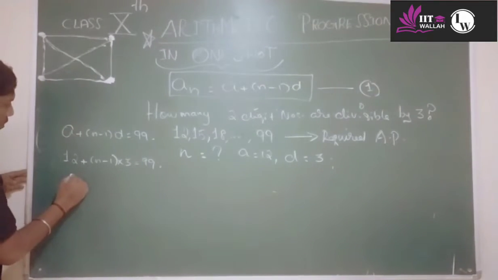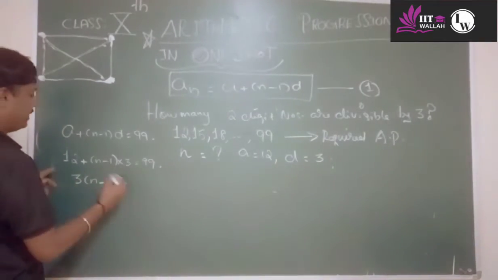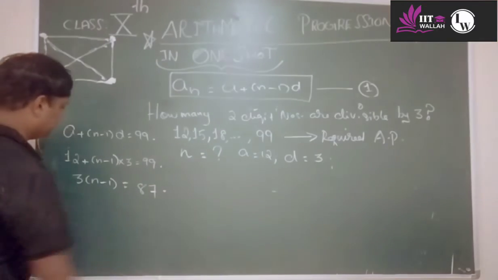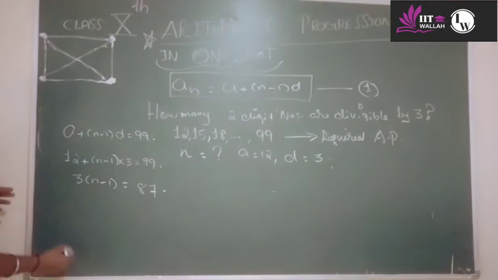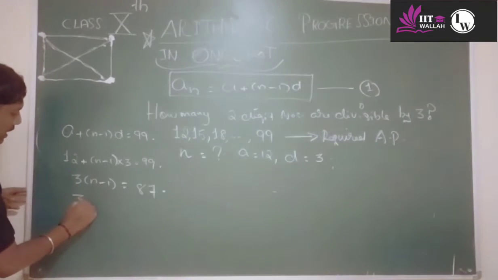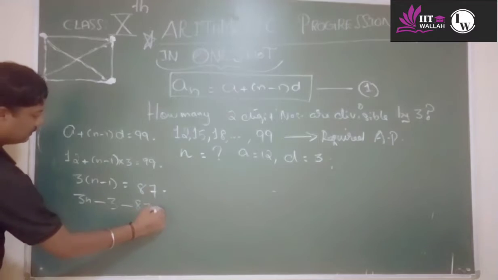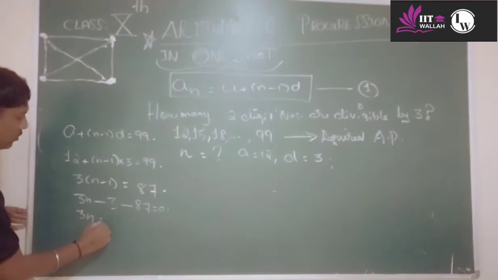Now 3 into n minus 1. So take this 12. 99 minus 12 means 87. 3n minus 3 minus 87 is equal to 0. 3n is equal to 90.